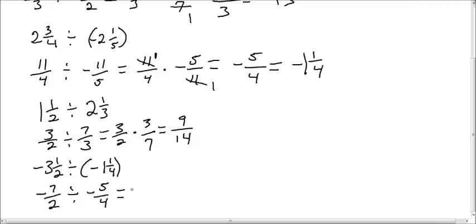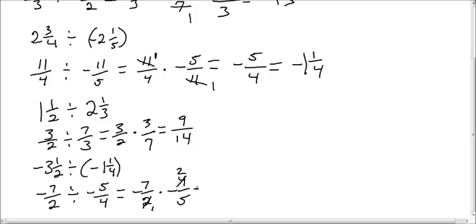Okay, so now we can go on and take our multiplicative inverse of the second number. So that's going to give us a negative 7/2 times a negative 4/5, and we can divide here.